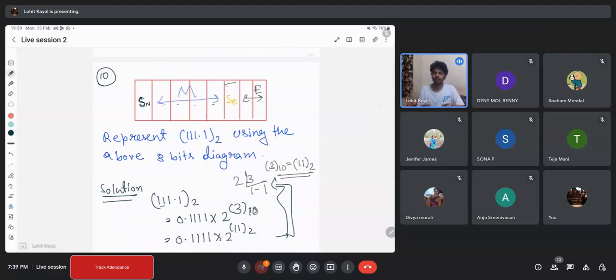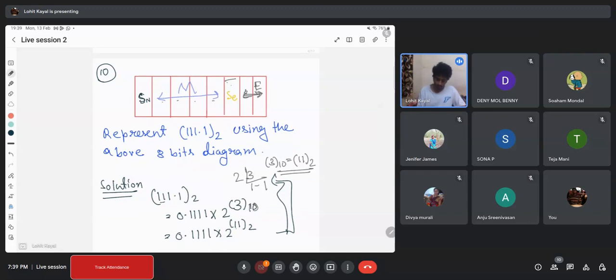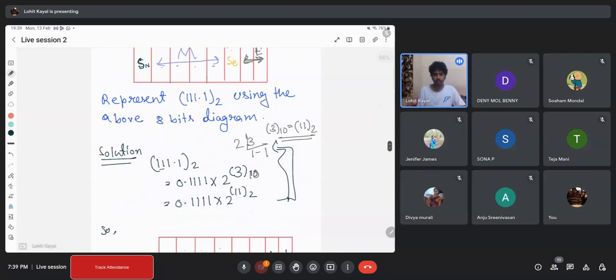Here 10 to the power 3 means 10 to the power +3. For this plus sign it will take 0 value, and for 10 to the power -3, this minus sign will take 1 value. Then these two are reserved for the expression of the exponent. Suppose here 3, now it is in the decimal basis. If we convert it to the binary basis, it will be 1 1. If I have 10 to the power 2, this 2 is again in the decimal basis. If I convert it to the binary basis, it will be 1 0. So this value will appear over here.